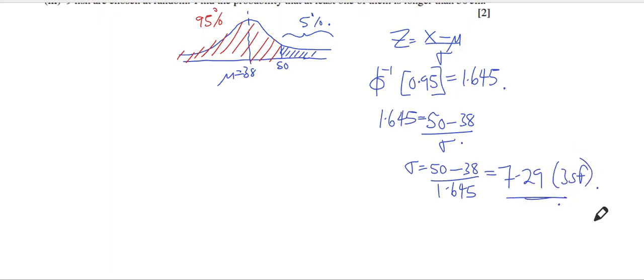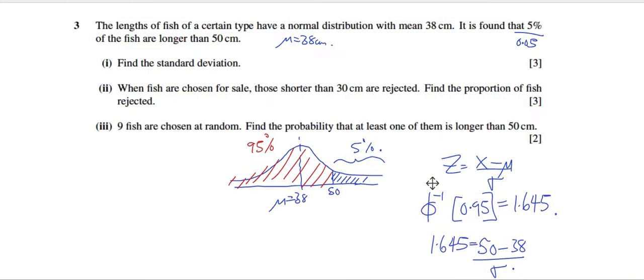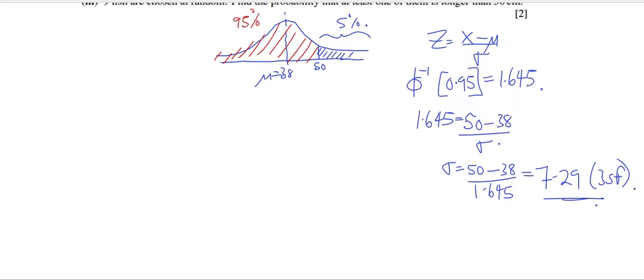Okay, so now that I have the standard deviation, let's look at the next question. When fish are chosen for sale, those shorter than 30 cm are rejected. I'm going to draw one more bell curve to make life easy, because I don't want to mess up the first one.